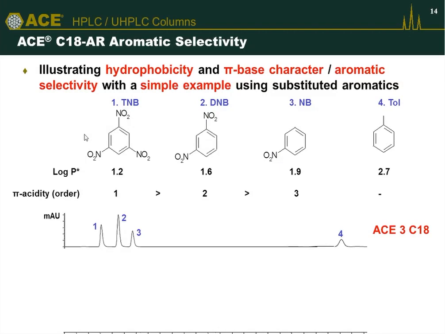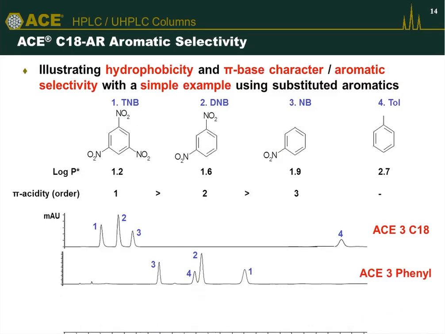Now, if we analyze this mixture on a phenyl stationary phase, the most pi acidic should interact the most with the phenyl pi systems on a phenyl stationary phase, meaning it would be retained the most. And when we analyze this mixture on a phenyl stationary phase, that's exactly what we found. So you can see peak 1, which is the most pi acidic, now interacts the most, and so elutes the latest in that series of trinitro, dinitro, and mononitro.